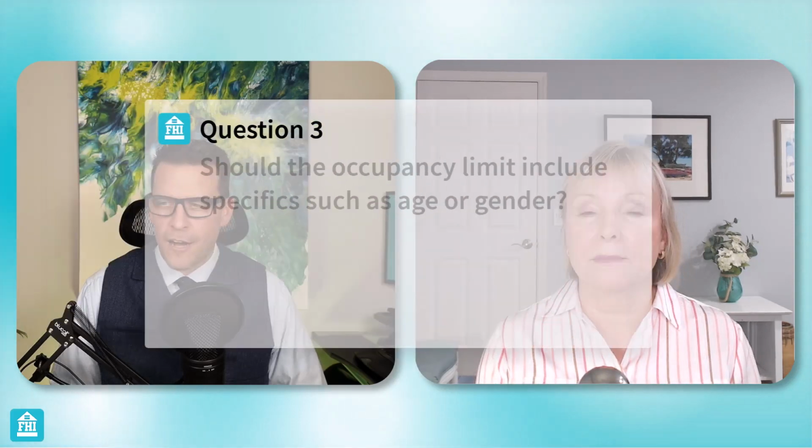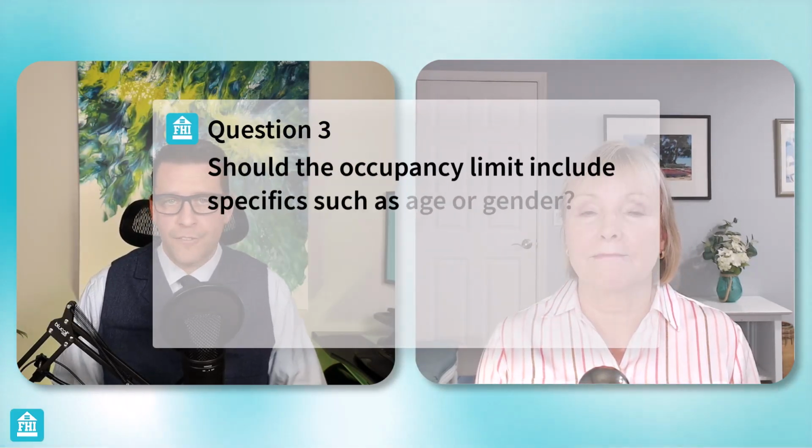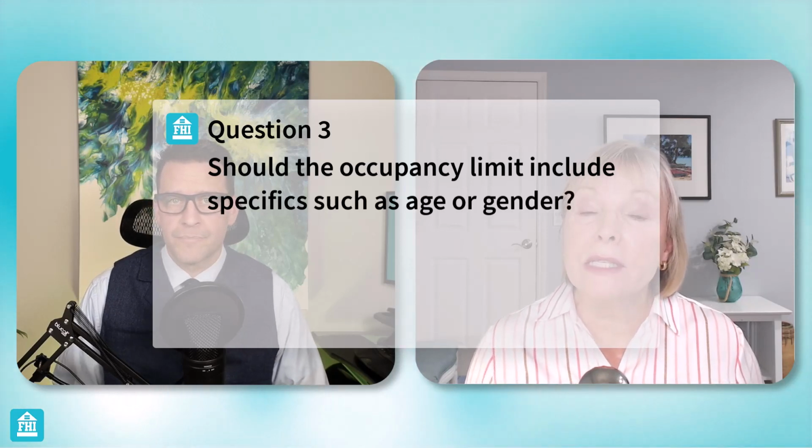So, should the occupancy limit include specifics such as age or gender? The short answer is no, it shouldn't. It should always be up to the family to decide who sleeps where in an apartment. So if a family wants children to share a bedroom and bunk beds or whatever, that's up to them.